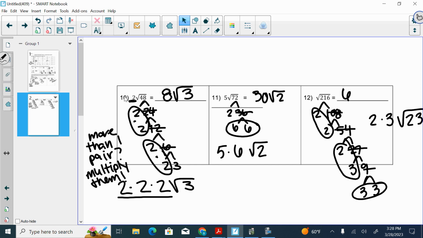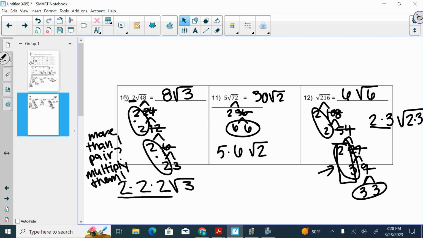But again, we don't just make a list of them, right? Just like out here, what am I going to have to do with them? Multiply them. And what is 2 times 3? So underneath there, I'll have a 6 as well. Okay, so these 2 were the ones with no pair.